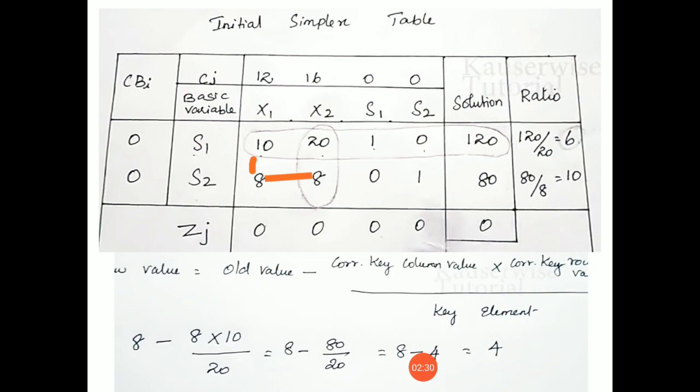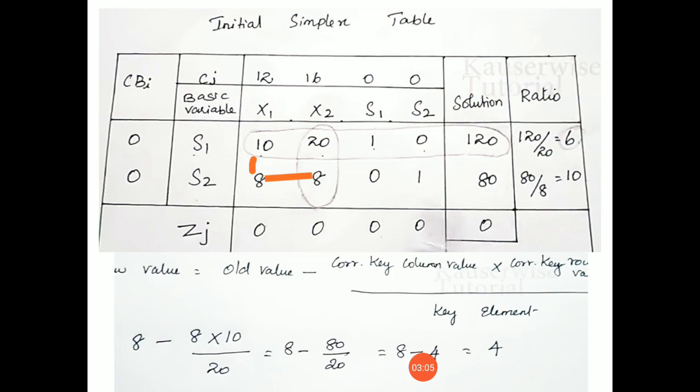So I'll write 8 as the old value, minus the corresponding value in the key column, which is 8 only, into the corresponding value in the key row. For this old value, the corresponding value in the key row is 10. I have shown it using the orange lines, divided by the key element.